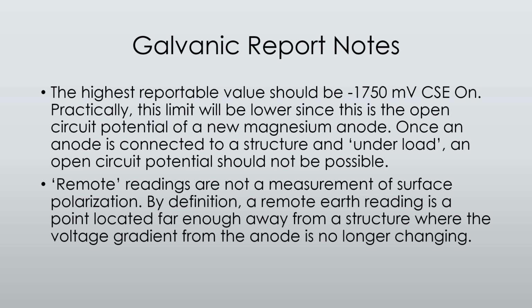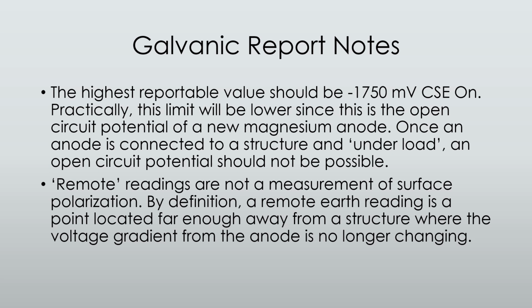For remote readings, I have a bone to pick on this one a little bit. I believe that remote readings are not a measurement of surface polarization, because you need to have your reference cell over the structure you're measuring in order to have an accurate measure of polarization. Type 3 includes it in some of their standards, saying you need to take a remote reading.